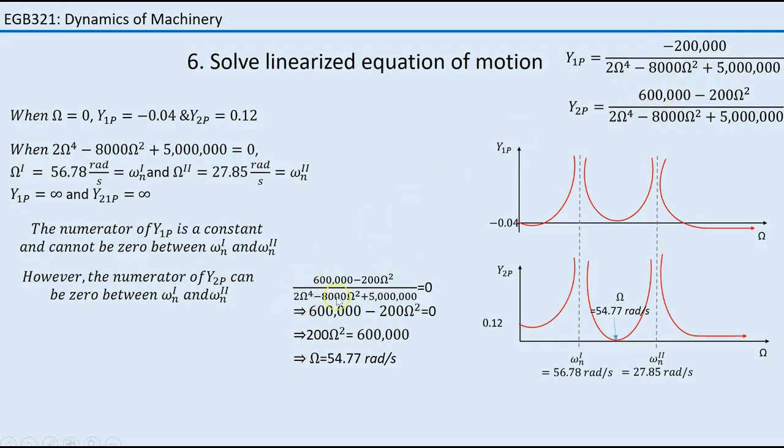From this we get omega equals 54.77 radians per second, which is between the two natural frequencies, and that point we call the null point. So at the null point, for y2p the amplitude is 0. That means at that point the vibration is absent, even though the frequency is 54.77.